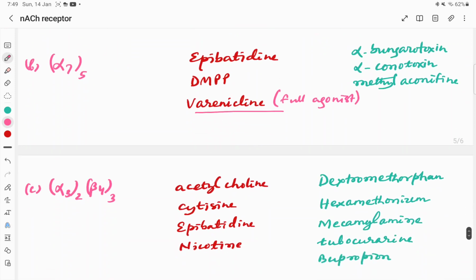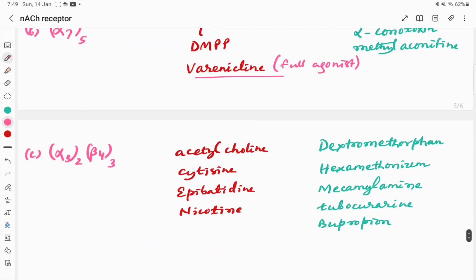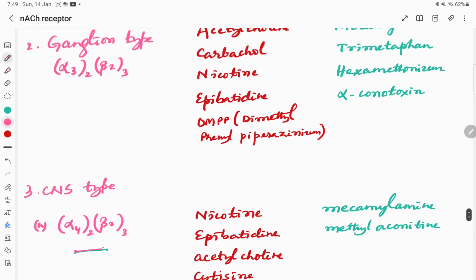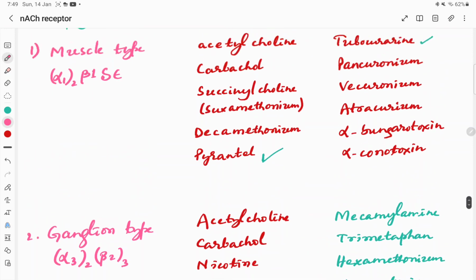And in this case, alpha 3 2 beta 4 3, these are the agonists, and these are the antagonists. So all the examples you can note down and remember.